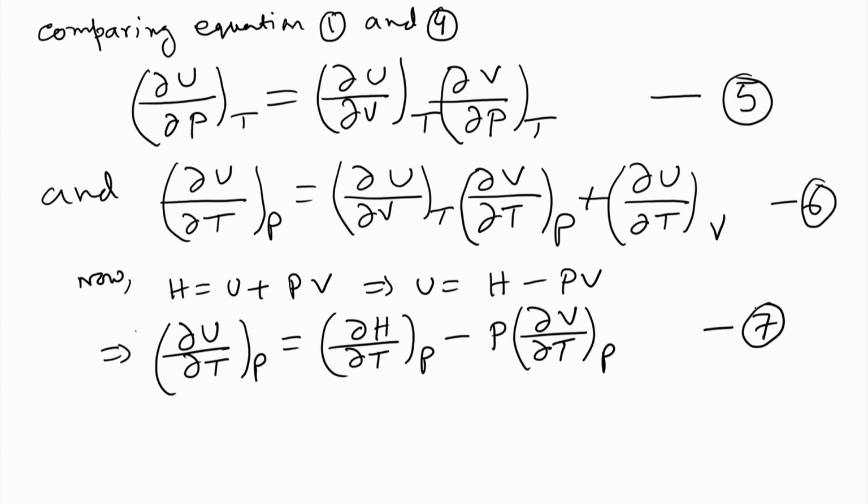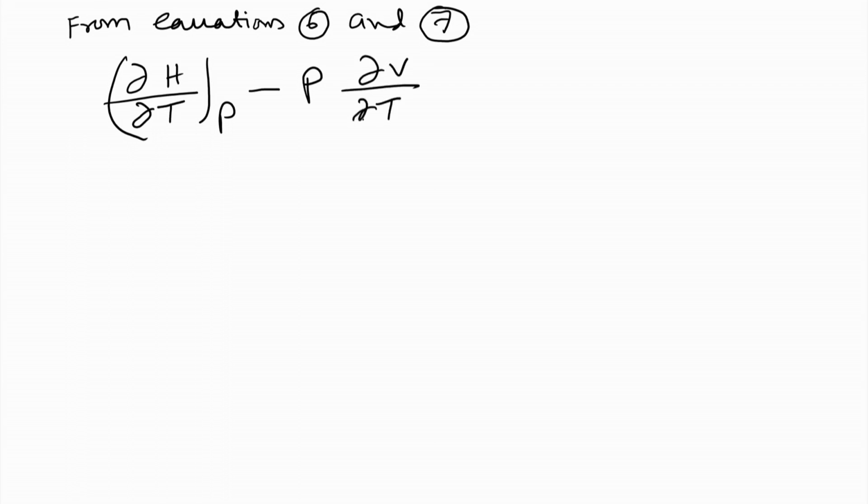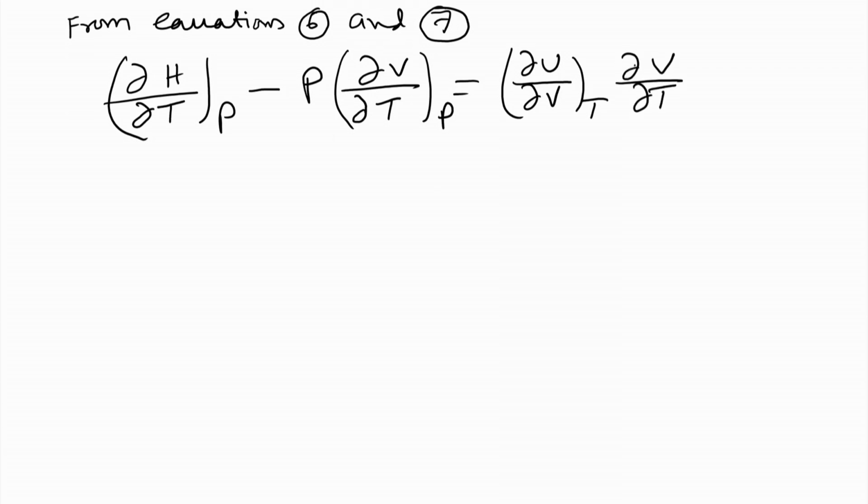Okay. So, from equation 6 and 7 we obtain del H by del T at constant pressure minus P del V by del T at constant pressure is del U by del V at constant temperature times del V by del T at constant pressure plus del U by del T at constant volume.